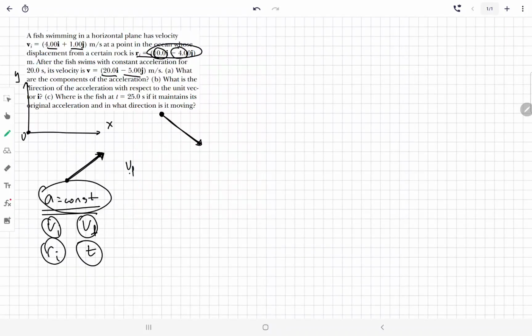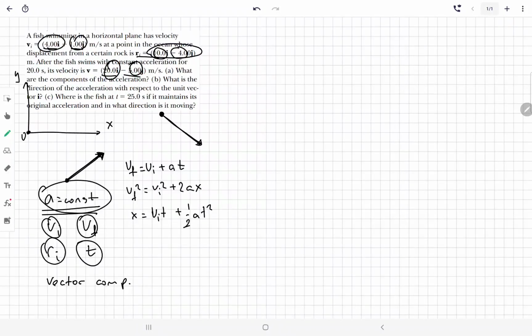We are still planning, so we can use these equations because we know that it's motion with constant acceleration. And also velocity and displacement are vector quantities, so likely we can use vector component methods, because all physical quantities are given in terms of components. So roughly this is what we planned.